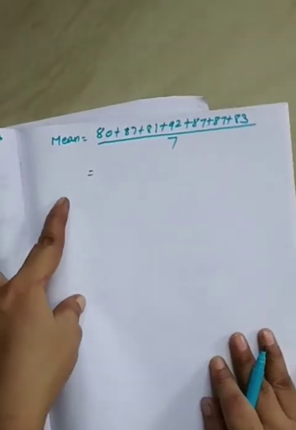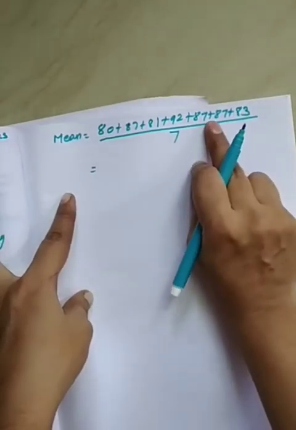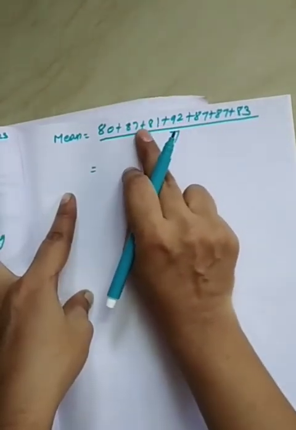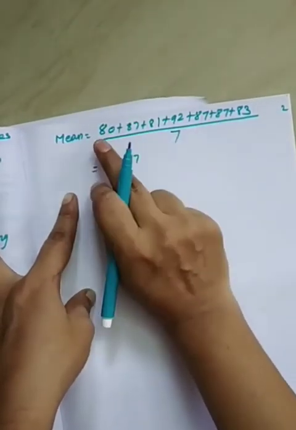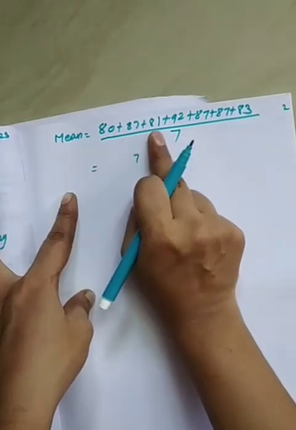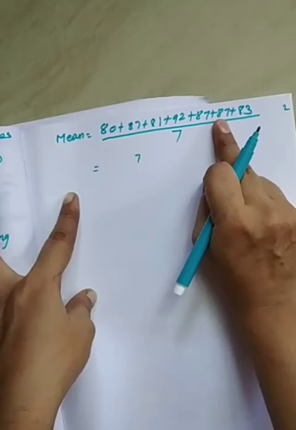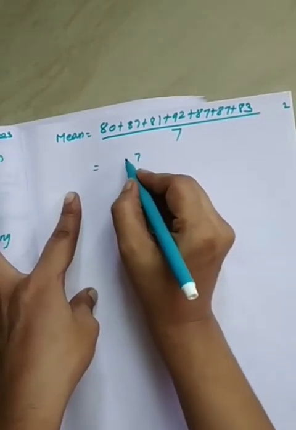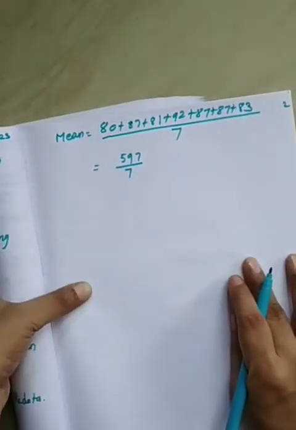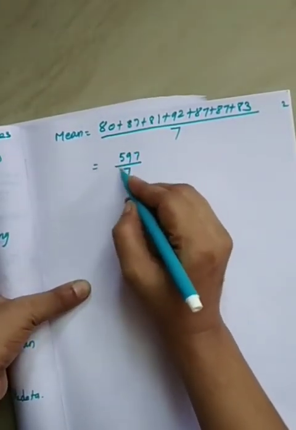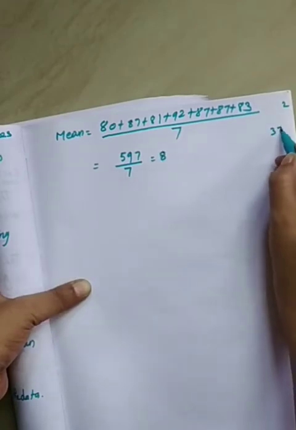What will you get? See here, 7 plus 3, 10, 17, 19, 20, 27. The remainder is 2. 8 plus 2, 10, 18, 26, 35, 43, 51, 59. So 597 divided by 7. See here, how many 7s in this 59? 8 sevens are 56, the remainder 3, 37.